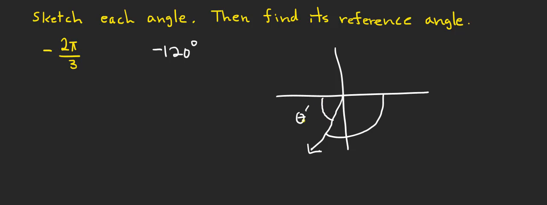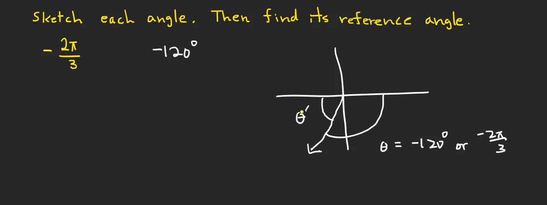And what is the measure of theta prime? Well, theta is negative 120 degrees, or negative 2 pi over 3 in radians. So negative 120, and then what should be the measure of this angle to get to this point?